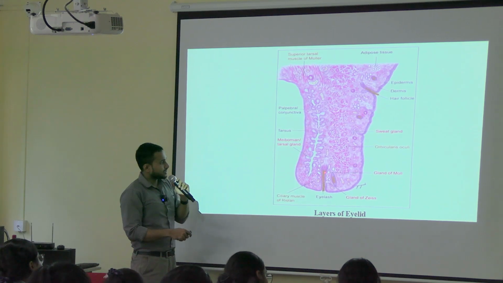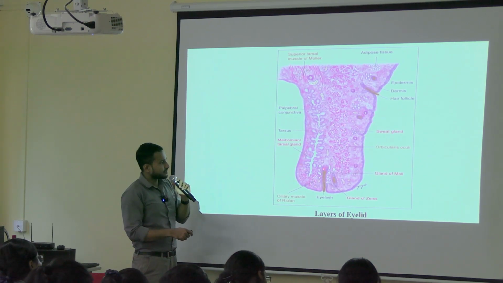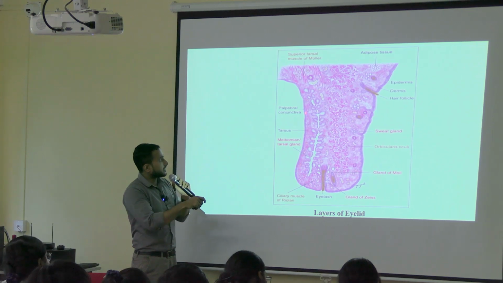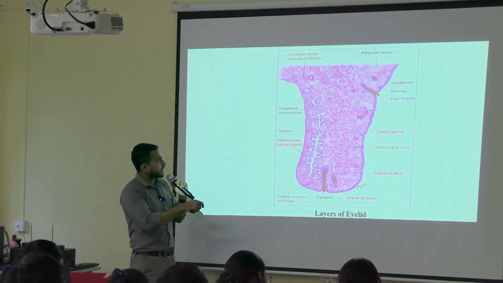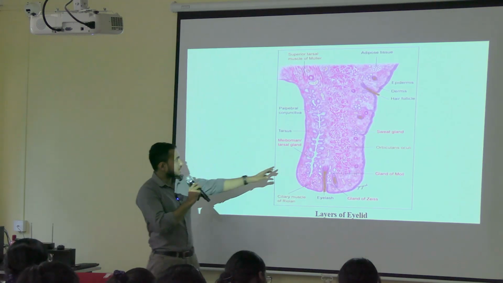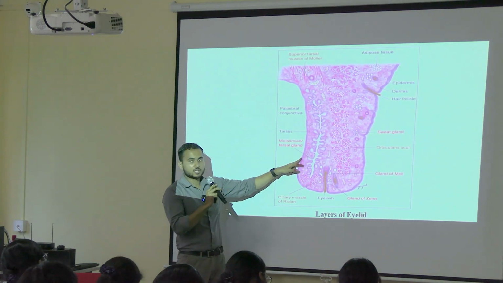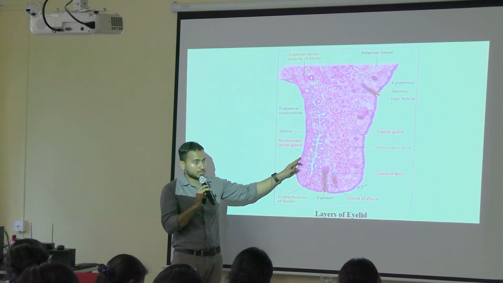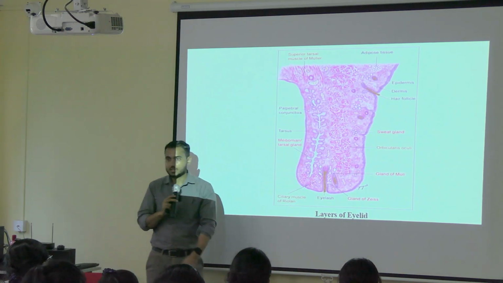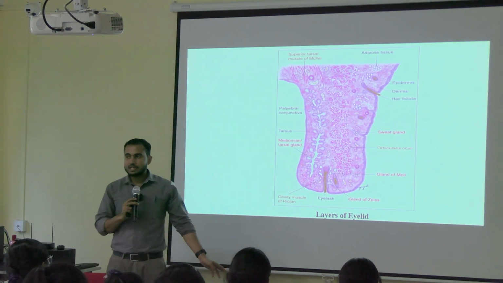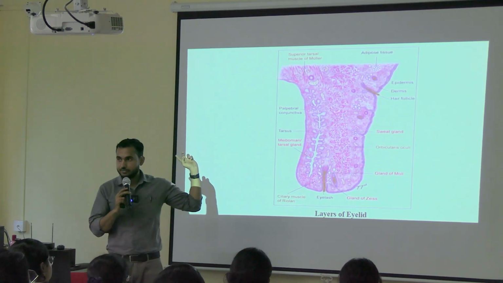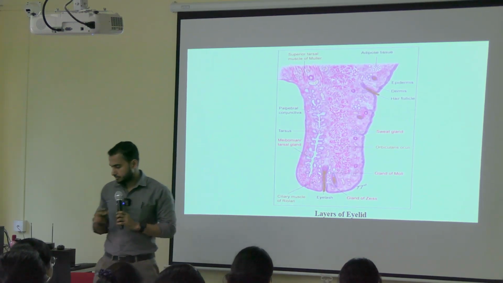Then here, along with the eyelashes, glands of Zeiss are there. So like this, different glands are present. And then the innermost layer is the palpebral conjunctiva, which is stratified squamous non-keratinized epithelium. So these are the layers of the eyelid. In the eyelid, you have to draw two diagrams. This is one diagram, and the first one I have already shown you.